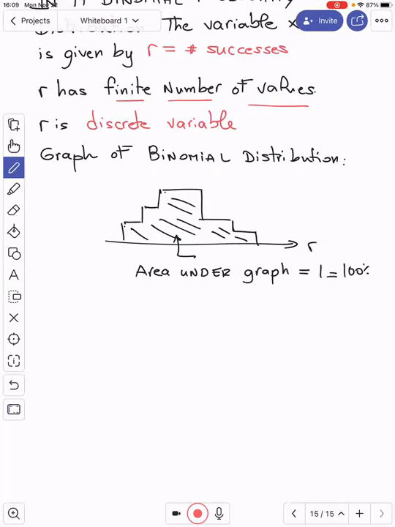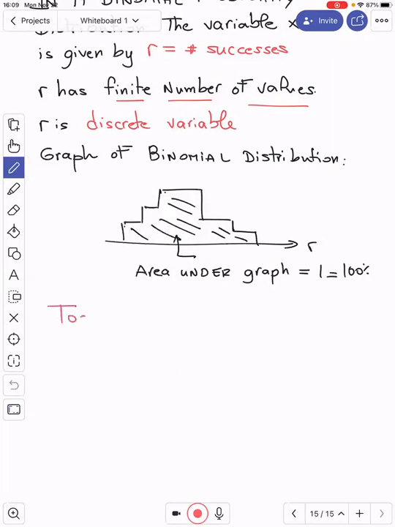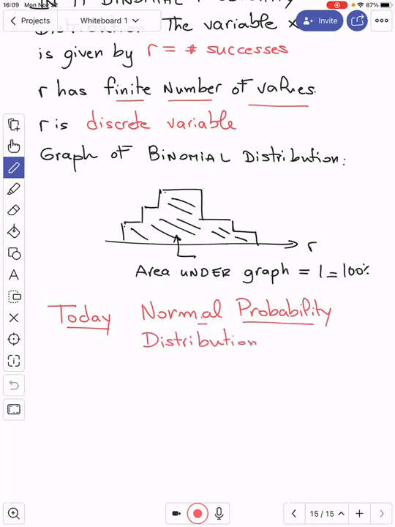So today we're going to discuss the normal probability distribution.